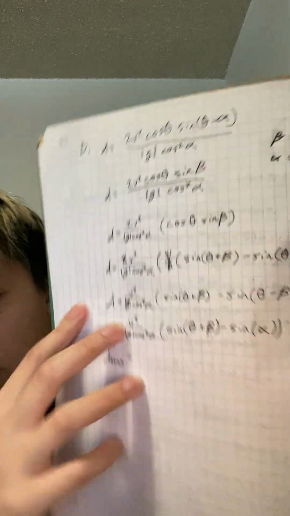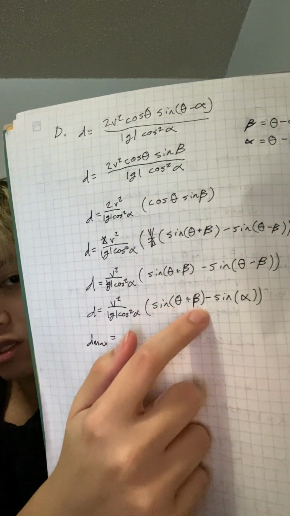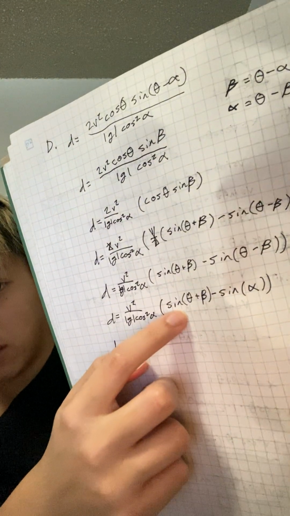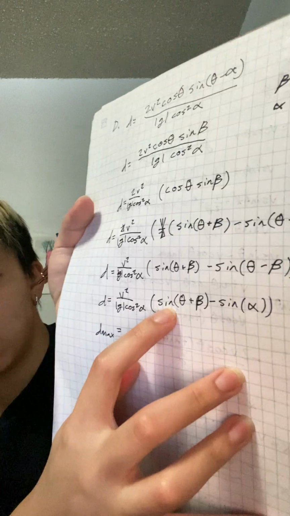At this point, we can start redefining terms, because d is at its maximum point. We can now put this sine to its maximum, because this is the largest sine in the equation. Sine, the maximum sine of anything, is of course going to be 1.